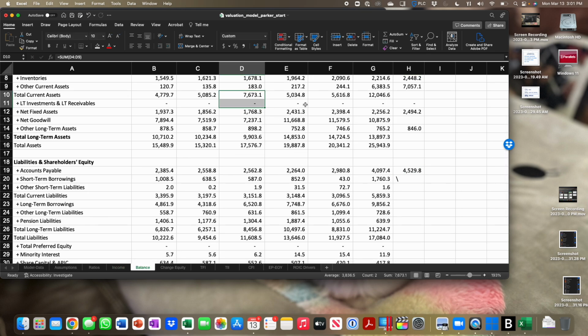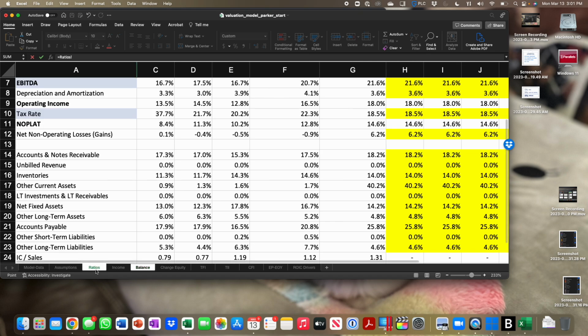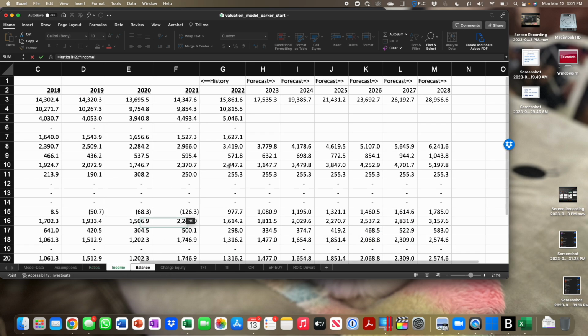The next one is other short-term liabilities equals from the ratios H22 times income H3.